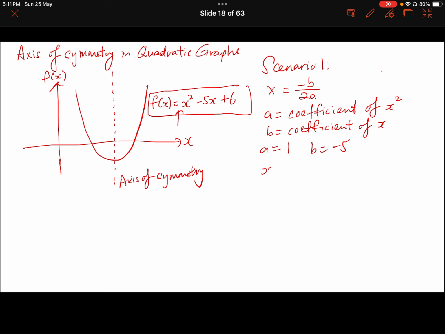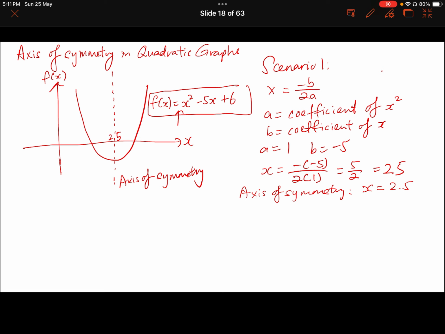So we get negative negative 5 divided by 2 times 1, which is 5 divided by 2, which is 2.5. So the equation of the axis of symmetry is simply x equal to 2.5.